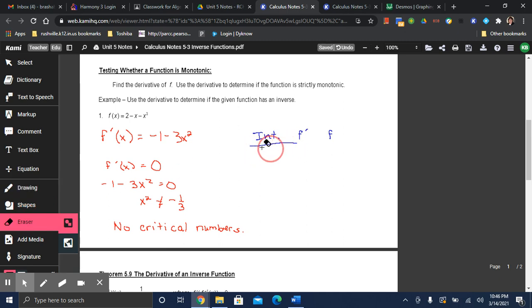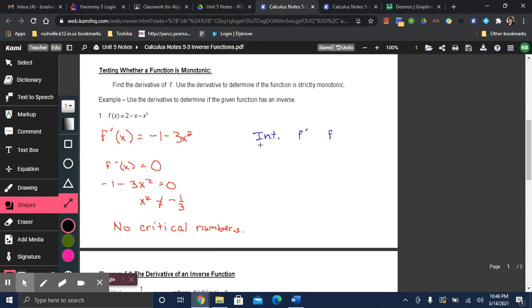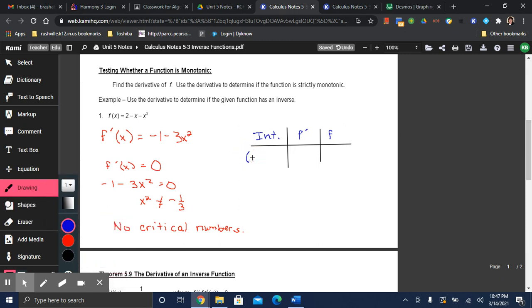Because there is only one interval, since there are not any critical numbers, we don't need a very big table. Try to make my lines a little bit straighter, but that's all right. So we're going from negative infinity to infinity because we did not have any critical numbers.